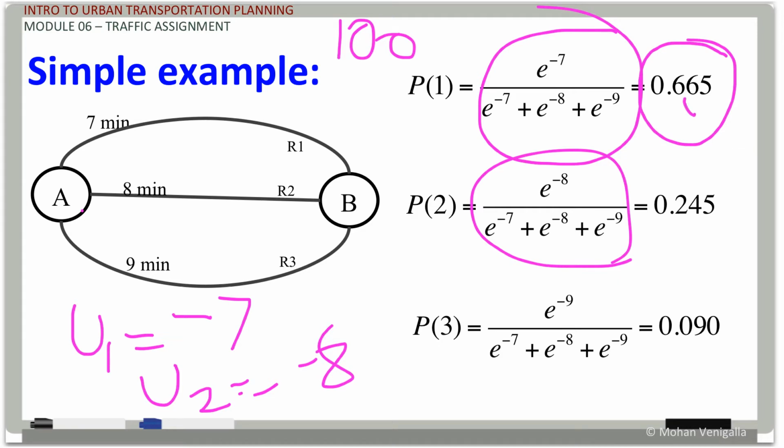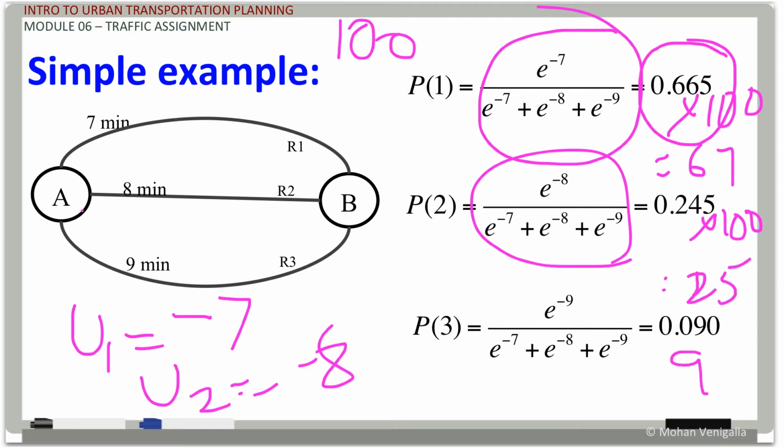If you multiply that with the number of trips between A and B, you get 66.5, might as well call it 67. Multiplying the others by 100, you get 25, and the last route gets 9 trips. So your traffic assignment on this network is: route 1 got 67 trips, route 2 got 25 trips, and route 3 got 9 trips.